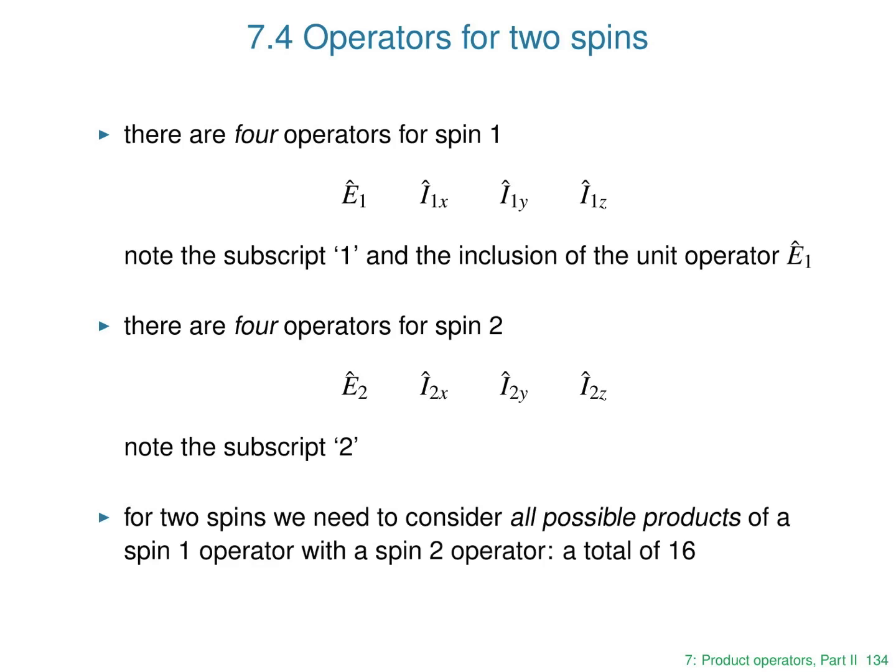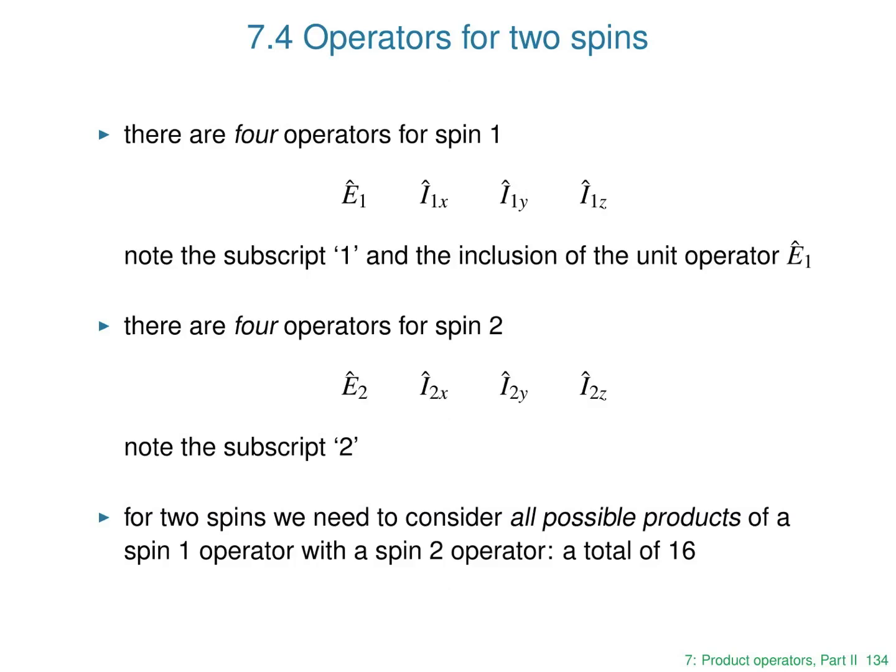And if you want to discuss two spins using this quantum mechanical approach, it turns out that you need to consider all possible products of a spin 1 operator with a spin 2 operator, and there will be clearly 16 of those. So the description of the state of two spins requires 16 operators. For one spin we actually only needed 3. For two spins we're going to need 16.